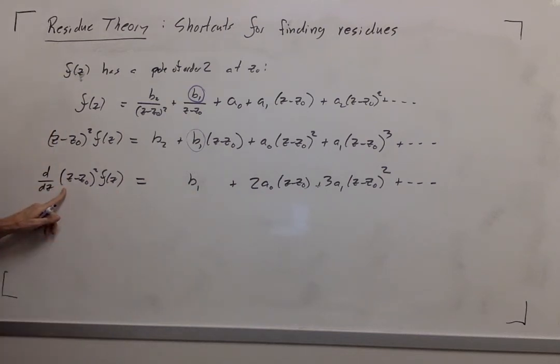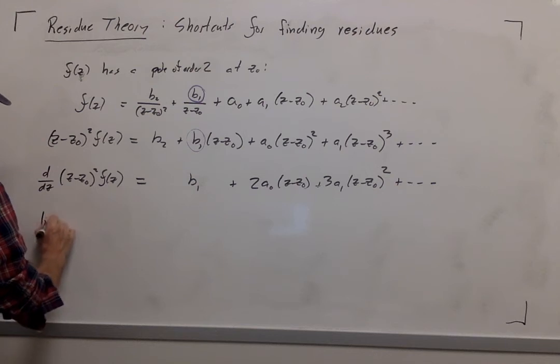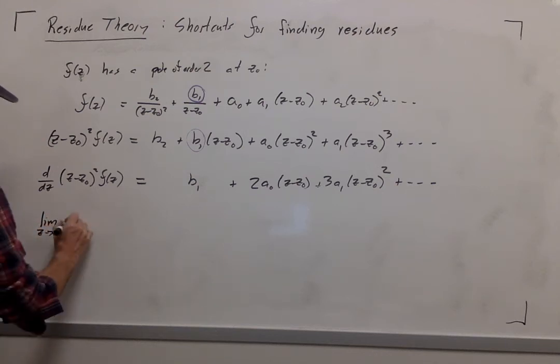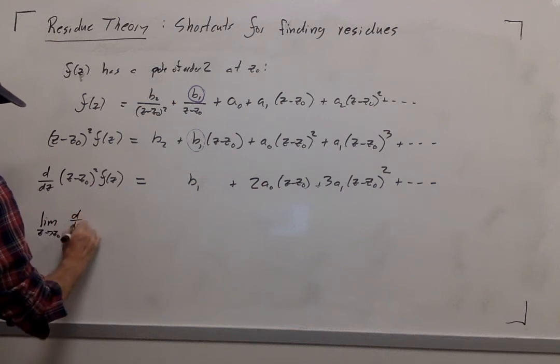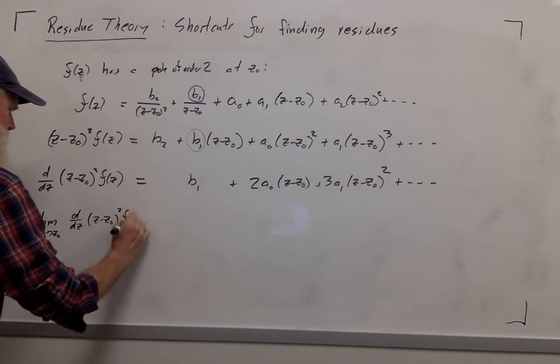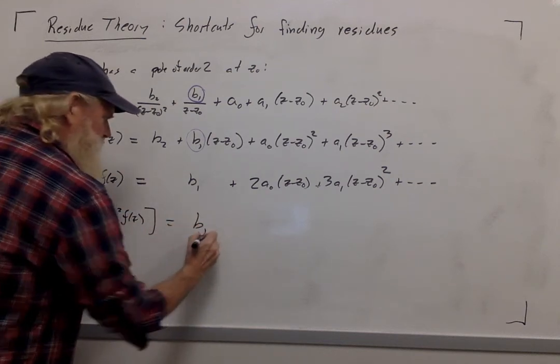Again, on the left side, this might be an indeterminate form, so we might not be able to set z equal to z naught directly. So instead, I'll need to take the limit as z goes to z naught of the derivative with respect to z of z minus z naught squared times f of z. And that will give me b1.